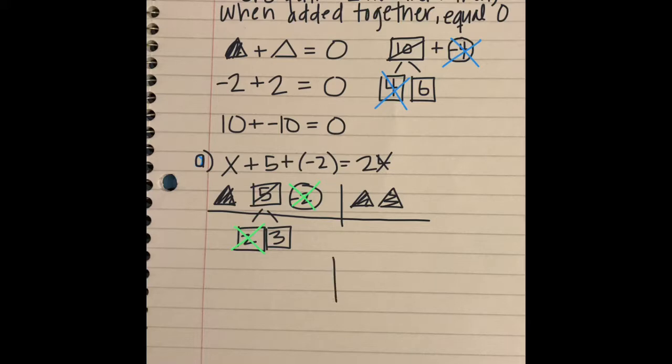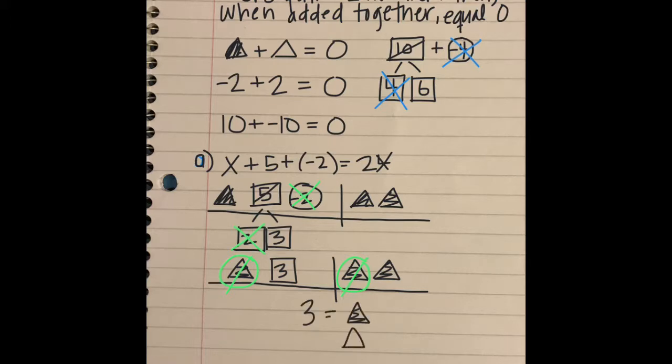And now what I've got left, if I do a rewrite, is x and a 3 equal 2 x's on the other side. If I cross out an x over here and an x over here, my answer is that shaded triangle is 3, and star or unshaded is -3.